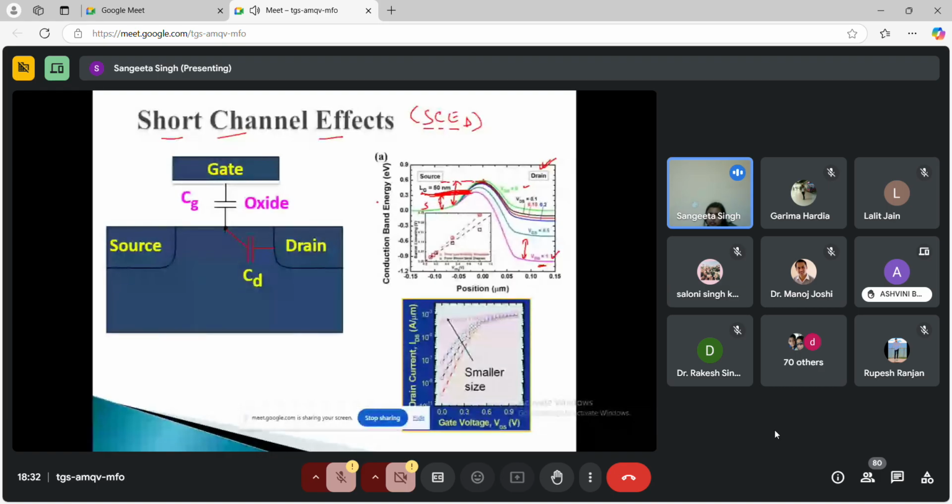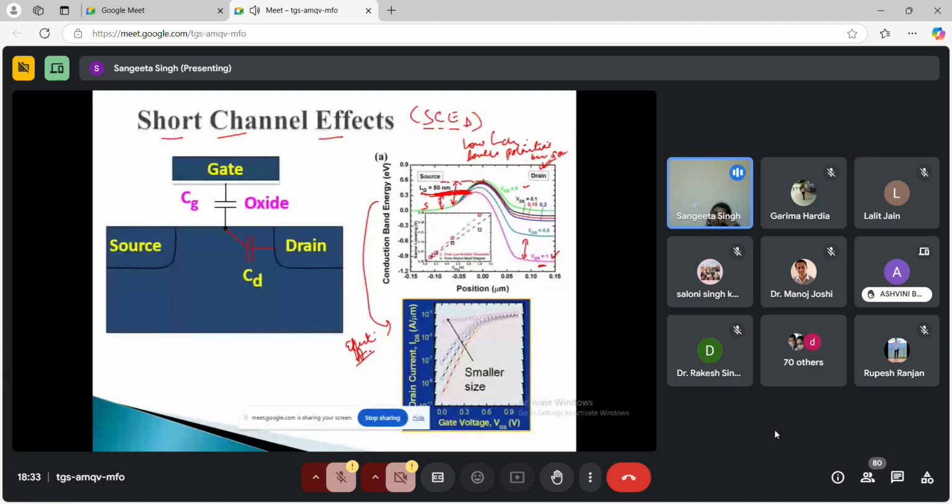What is the cause, and what is its effect? The cause is low channel length, and it results in lowering of your potential barrier. So what is the effect of it?